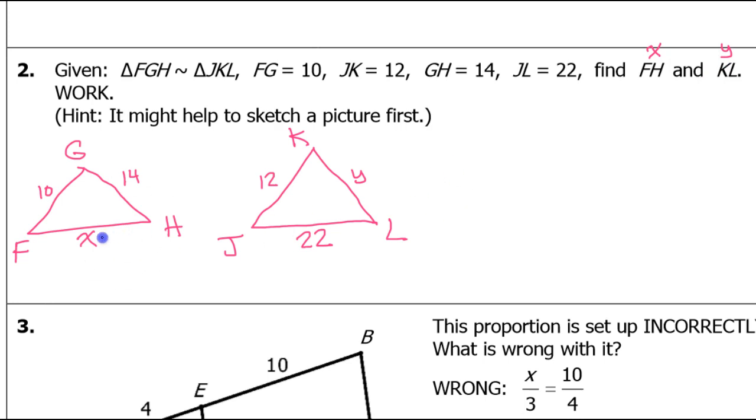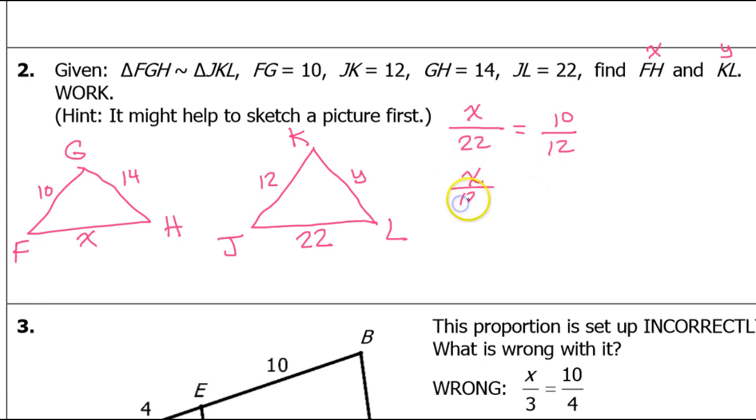Okay, so let me start by finding X. So that means I need an equation involving X. So I will do X over 22. And now I need a pair of all numbers. So I will do 10 over 12.